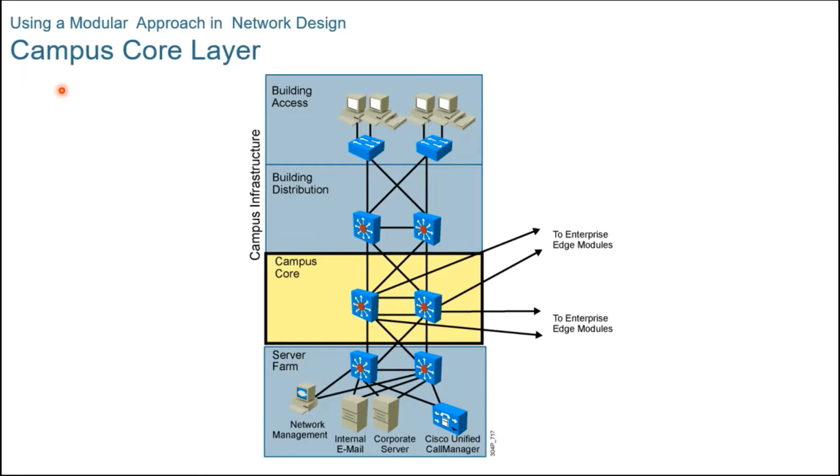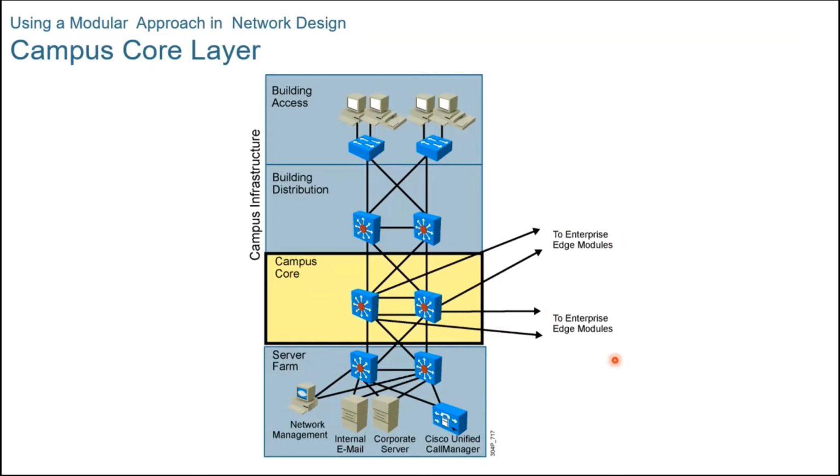Campus core layer. So the campus core layer is the core layer of the campus infrastructure module. So within the enterprise campus functional area, this high-performance switched backbone connects the buildings and various parts of the campus. So specifically, this layer interconnects the building distribution layer with the server farm and the enterprise edge modules.